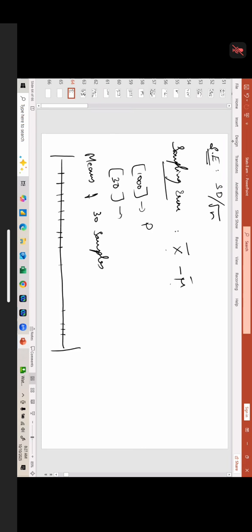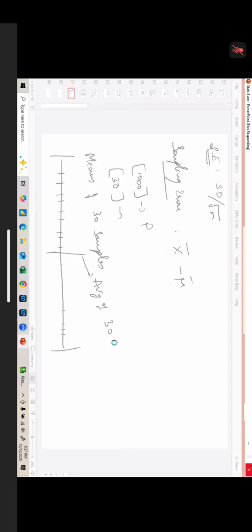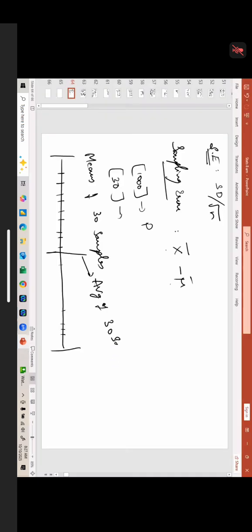If we take the average of all of these sample means, that lies somewhere here. The deviation between this mean and all the other data points is nothing but standard error. How can we calculate that? Standard deviation divided by under root of n. Is this understood? Yes or no?